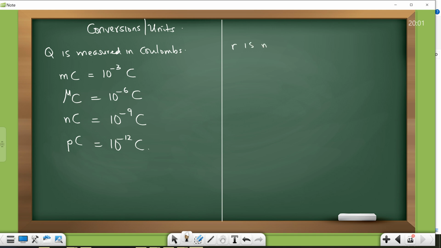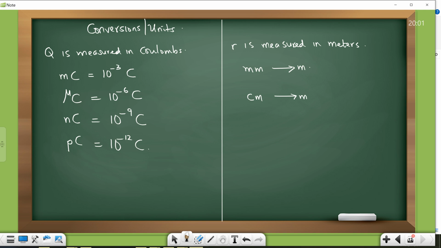R is measured in meters. So what they will give you is millimeters and centimeters. You must convert to meters. The word cent is 100.